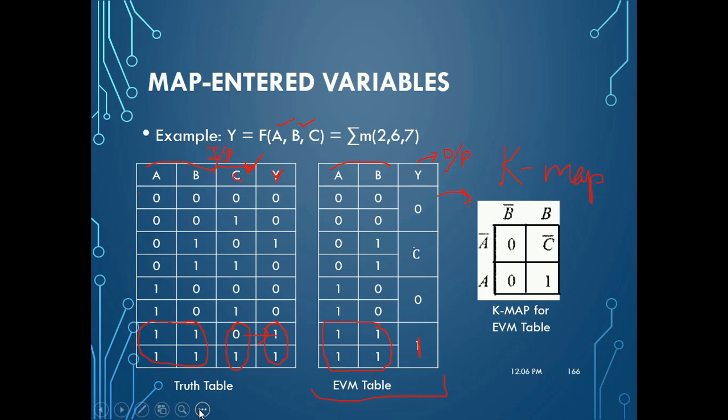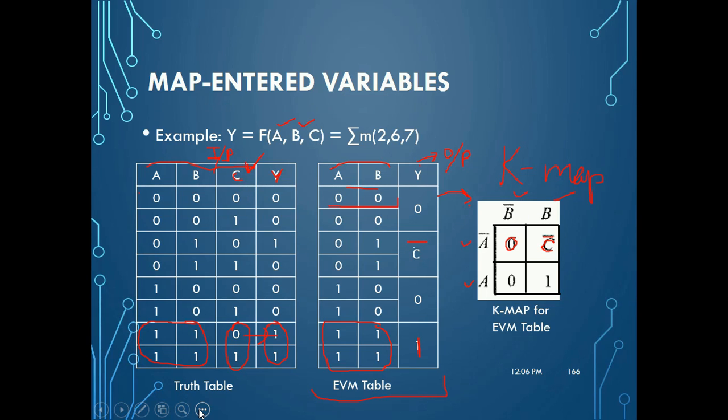So I take A bar, B bar, B. When A B is 0 0, you write Y output as 0. When A B is 0 1, you get C bar as the output.